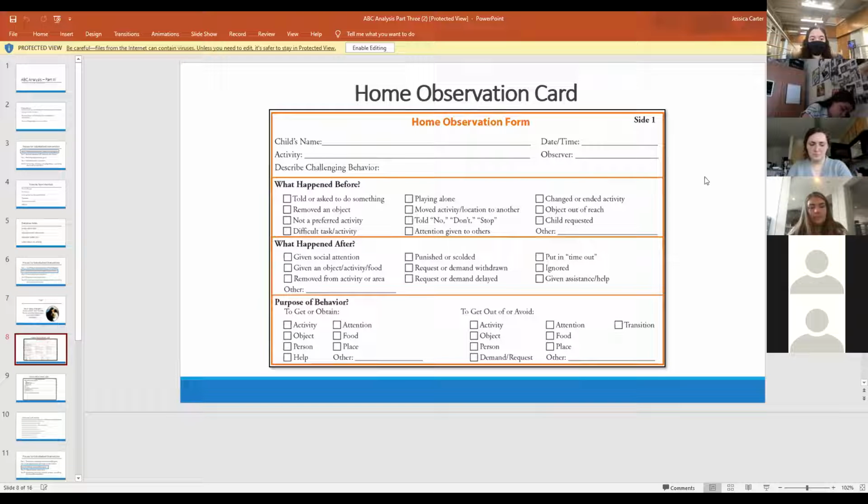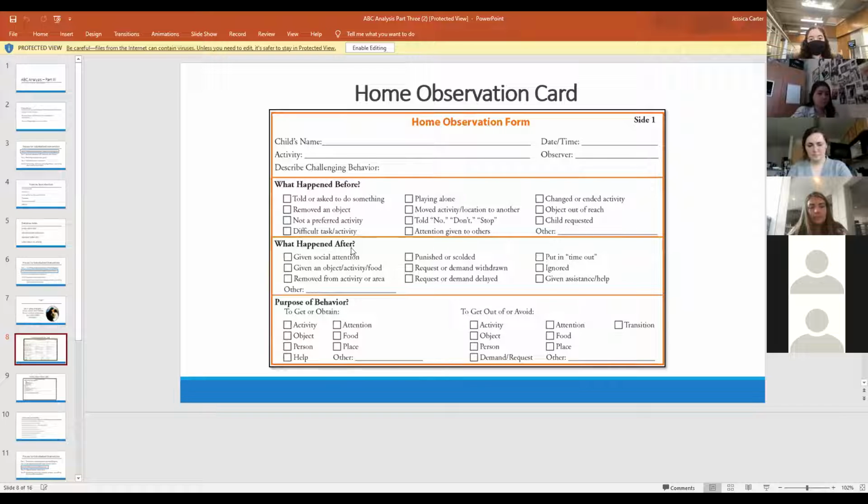This is a visual to help you see what's called a home observation card. This home observation card is basically asking you to give the child's name, the time of day, what's the activity that they're engaged in, describe the challenging behavior. And then again, this is kind of an ABC log, right? Because it's asking what happened before, what happened after.